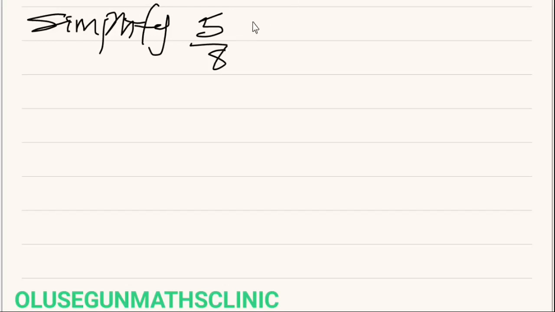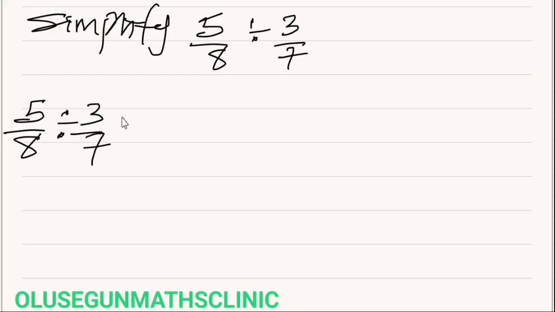Simplify 5 over 8 divided by 3 over 7. So in simplifying this, we have 5 over 8 divided by 3 over 7 will be 5 over 8 times 7 over 3.